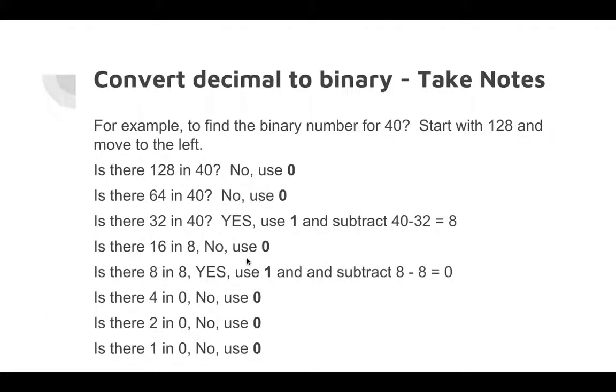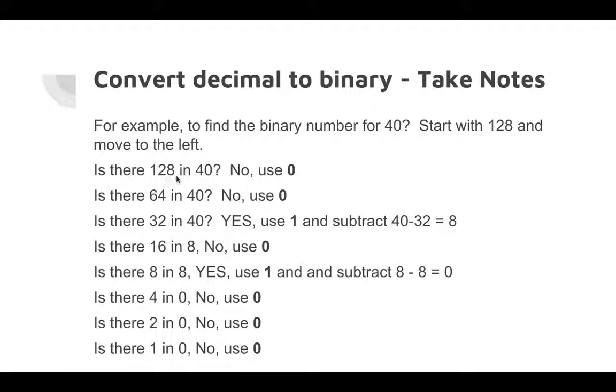So here's an example. I want to find the binary number for 40. I want to know how to write 40 just using 1s and 0s. Again, we're just using up to 128. I go to my table, which I'm going to show in a little bit, and I start with the place value for 128.